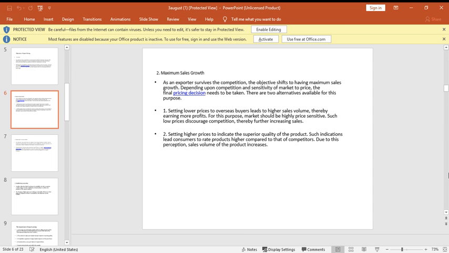Such indications lead consumers to regard the products as of higher value compared to that of the competitors. Due to this perception, the sales volume of the product in the market increases.